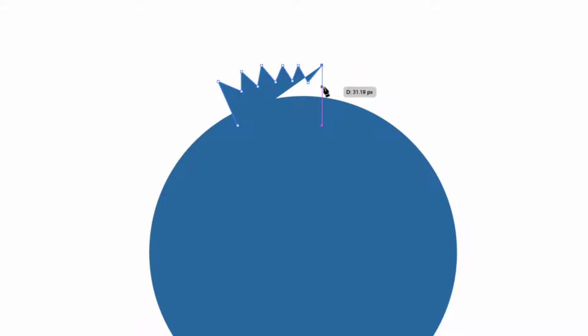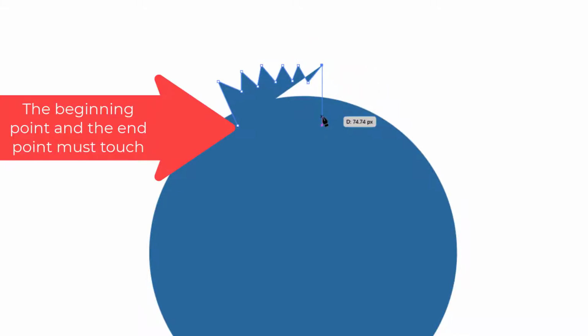You go ahead and add as many bumps as you want. I'm going to stop right there. I'm going to click back down here on the circle and make sure that my beginning point and my end point touch to complete the shape.